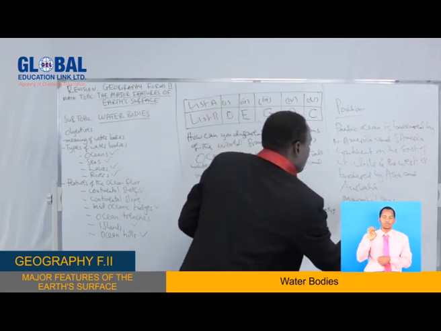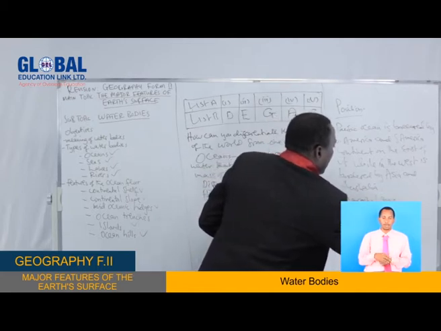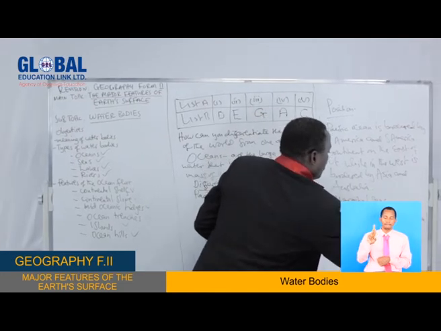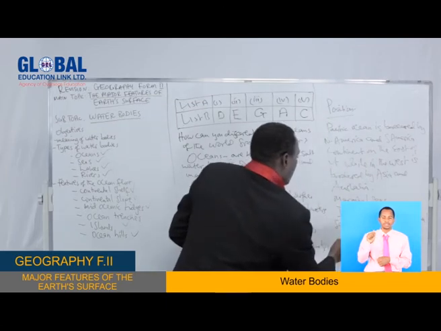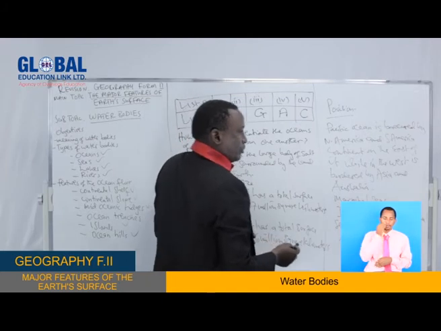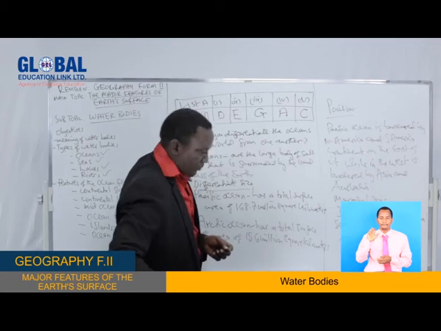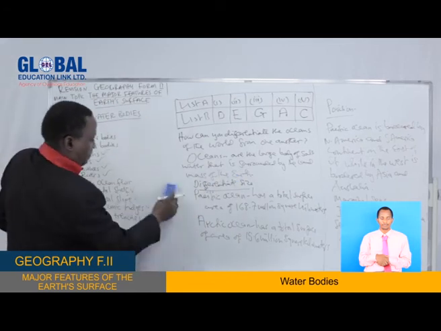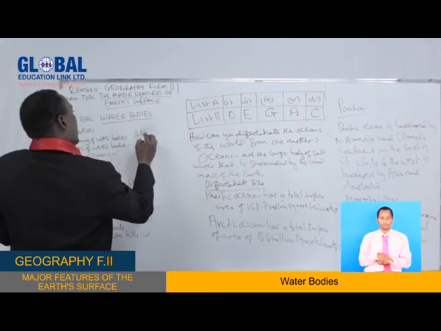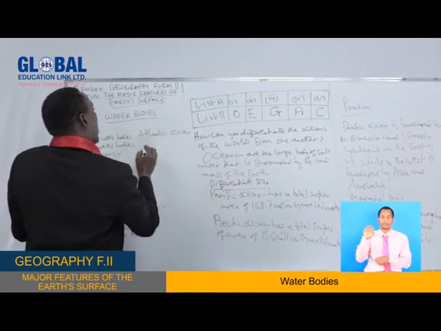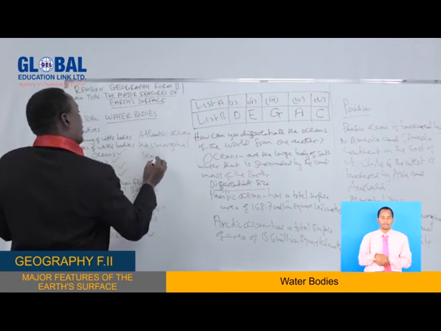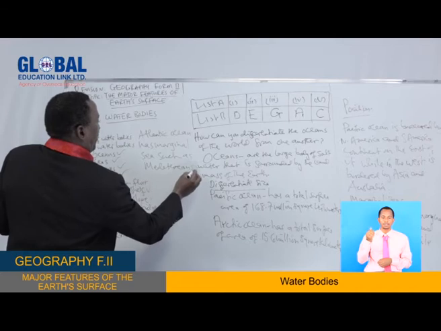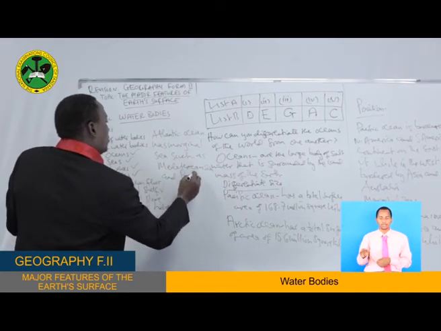Say the Indian Ocean has marginal seas, such as the Red Sea and Arabian Sea, while Atlantic Ocean has marginal seas, such as Mediterranean Sea and Baltic Sea.